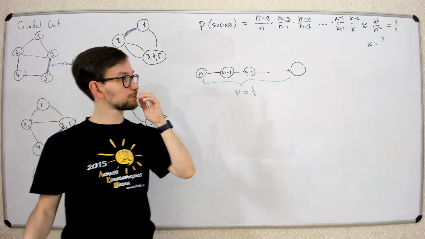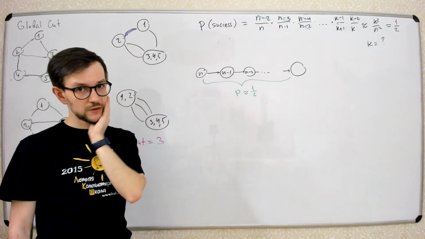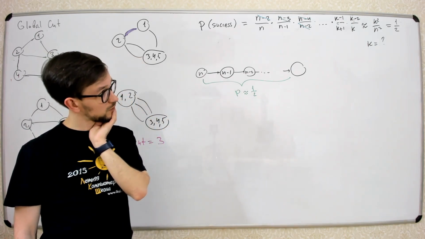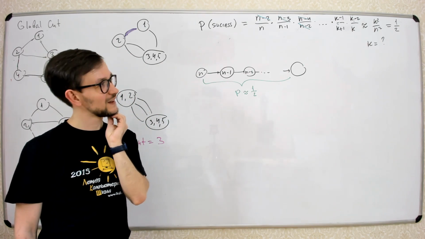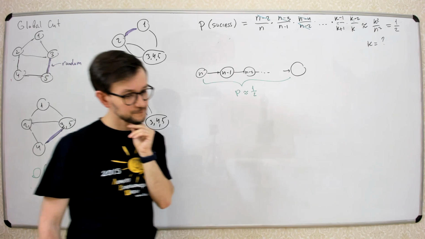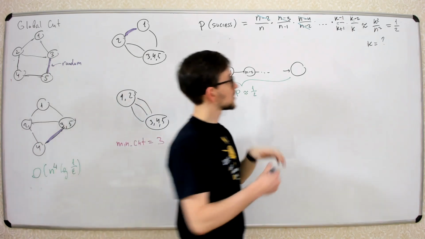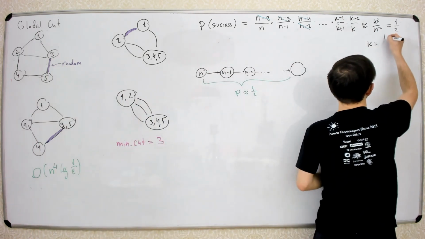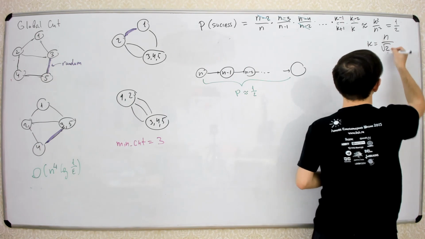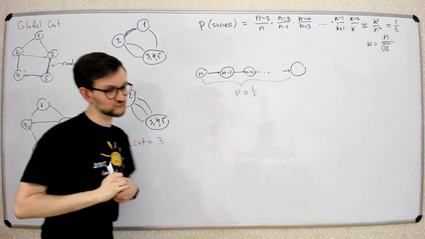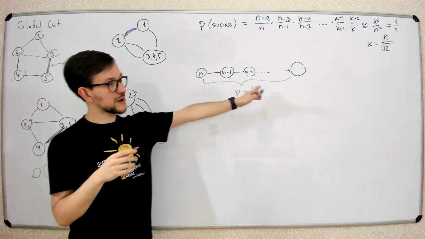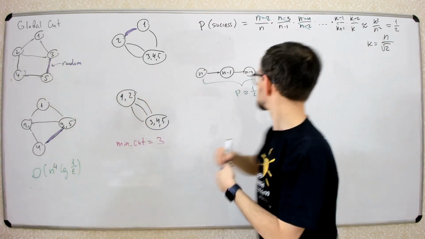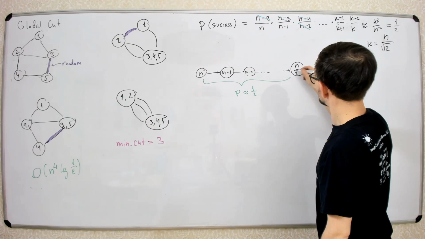Can you find the value of k from this formula? Okay, it's easy. Yes, k must be about n over square root of 2. So I can make these steps until I have a graph of size n over square root of 2.